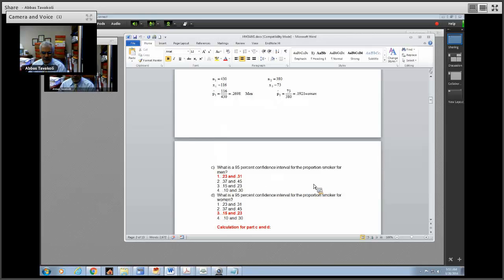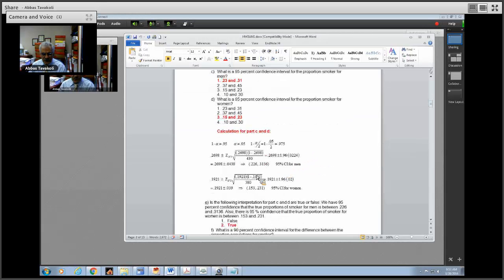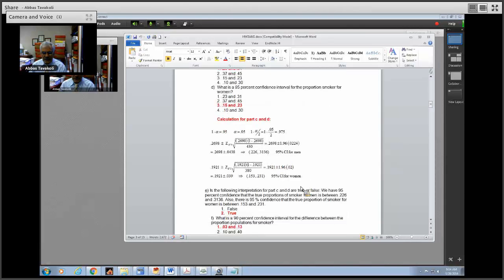Now, what is the confidence interval for both of these? Basically using the p hat, you have your 0.2698 plus minus the z value at 0.975, and when you calculate, you get 0.226 and 0.3136 for men. The same way you calculate for women, you get 0.153 and 0.231.